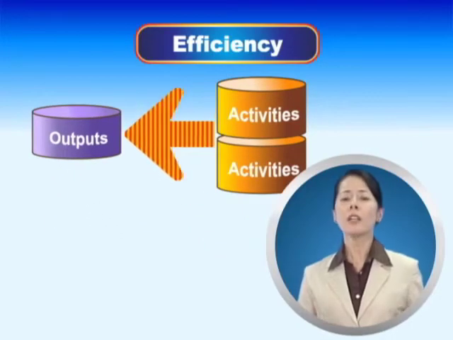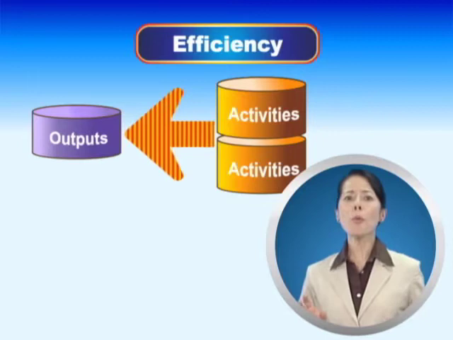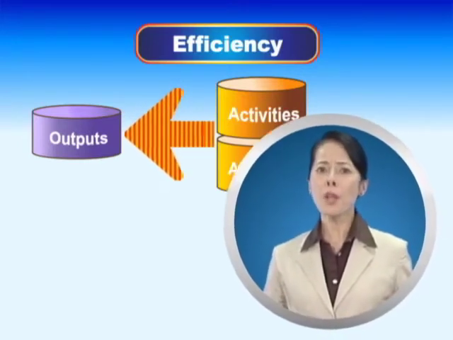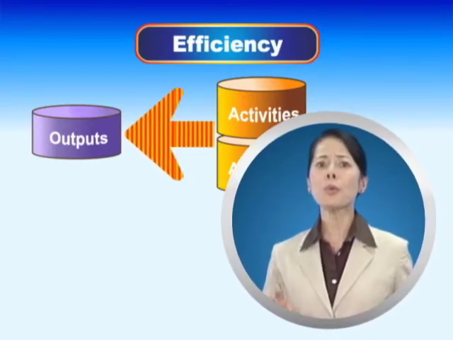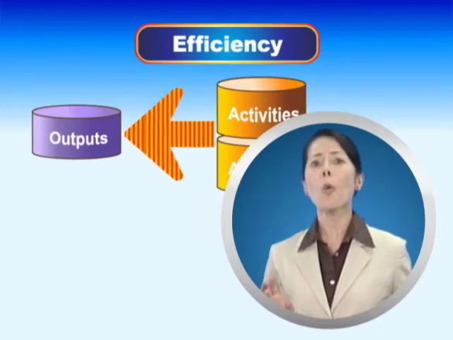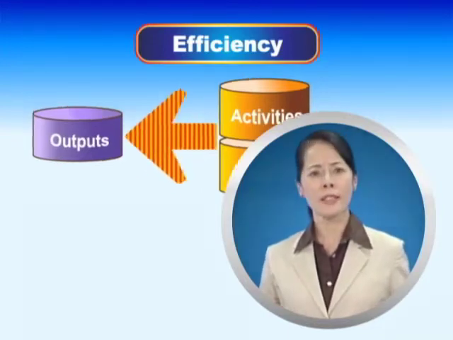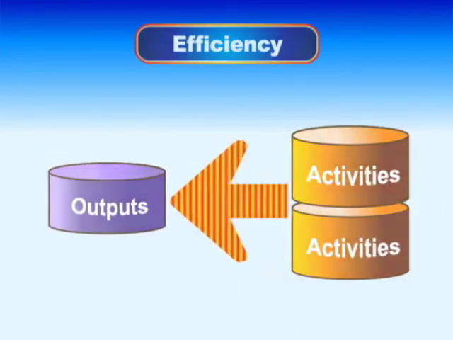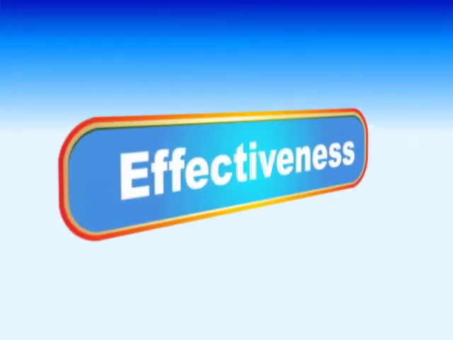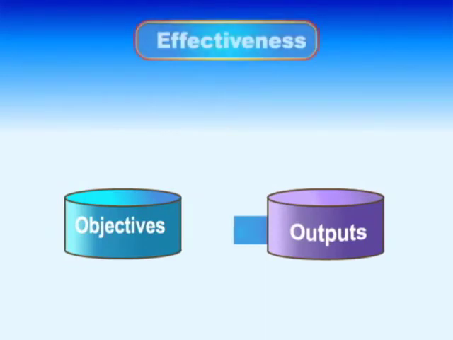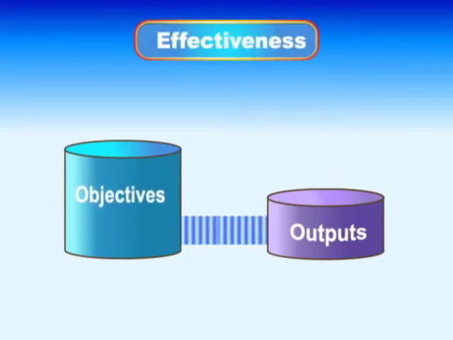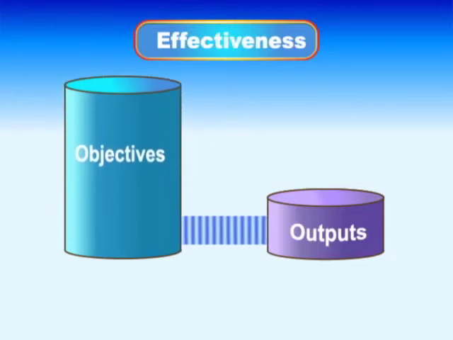In addition, consideration is also made as to whether there were any other ways to bring about the same outputs with fewer resources. Effectiveness is measured by seeing how much contribution has been made by obtained outputs to achieve the project objectives by the end of the project.